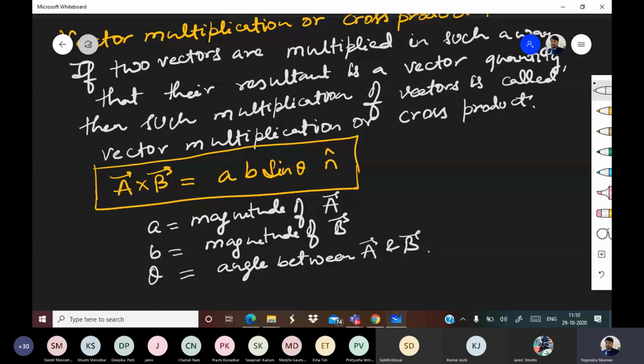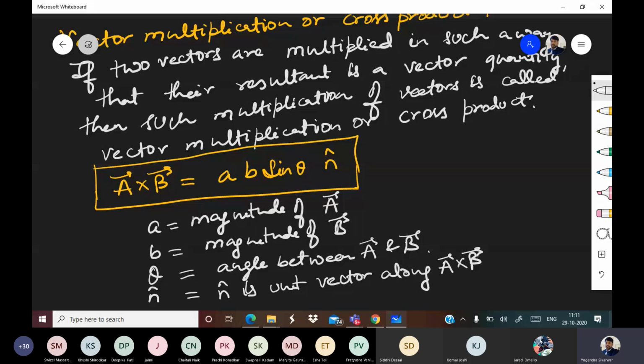What is n cap here? N cap is unit vector along A vector cross B vector.